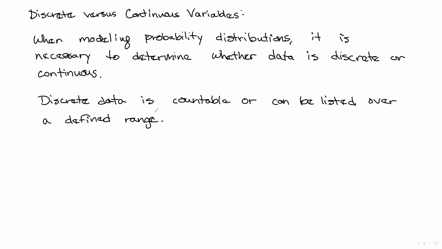Another way of looking at it is that discrete data has finite possibilities over the range.